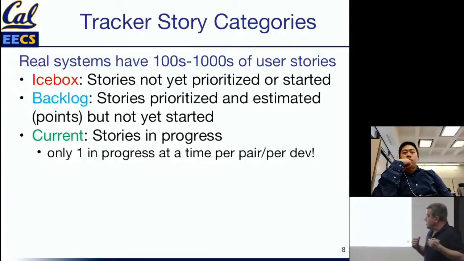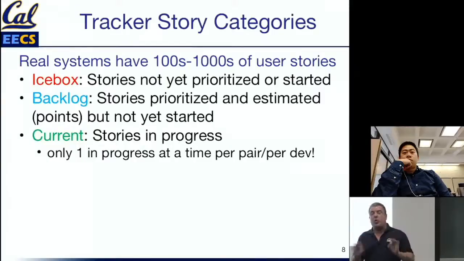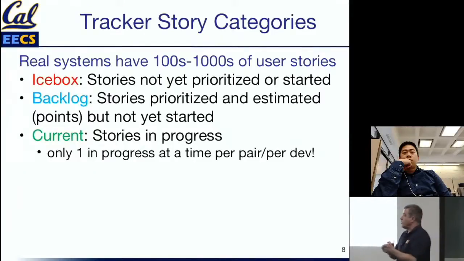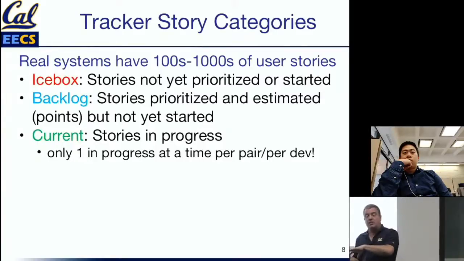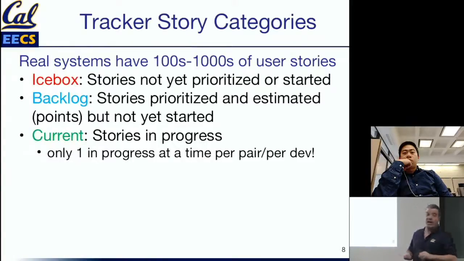So in that case, you can either have 2 stories that are both started, or if you want to be squeaky clean and really follow chapter and verse, you can change the first story back from started to not started, because you can change the story state to either go forward in time or backward in time. Then you can start the story that it depends on, and when that story is finished, now you can restart the one that you began originally.